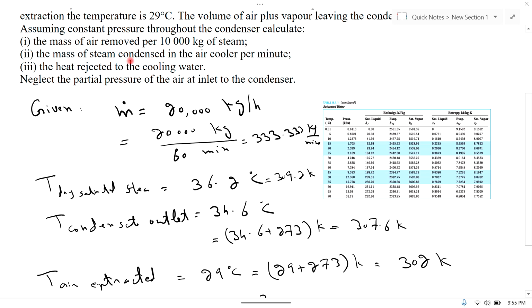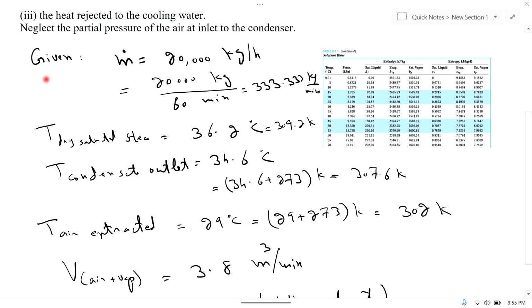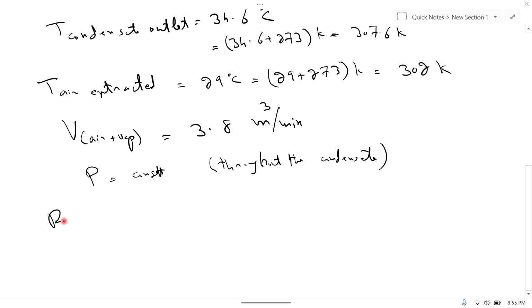Calculate, number 1, the mass of air removed per 10,000 kg of steam.